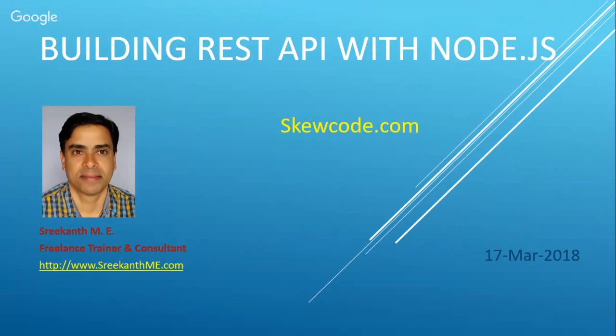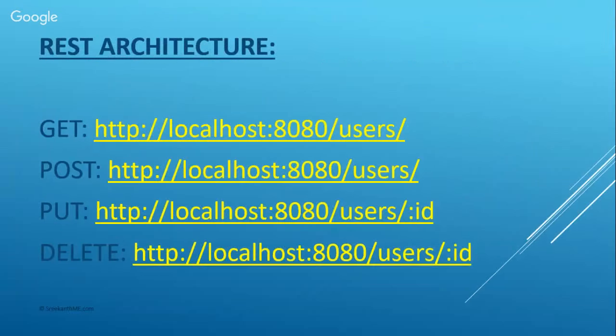Yeah, so let me get started. Before we start to understand how to write an API using Express, I think we need to understand what REST architecture is and what an API is.